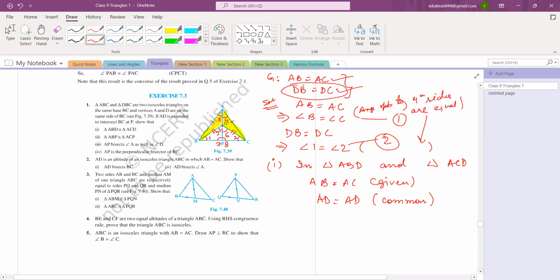It is given to you. DB is equal to DC, because the smaller triangle is also isosceles, so the two sides are equal. This is also given. So which criterion is this? SSS, all three sides. So these two triangles are congruent. Triangle ABD is congruent to triangle ACD. So the first part is done.